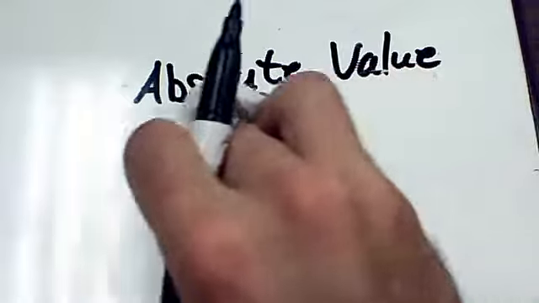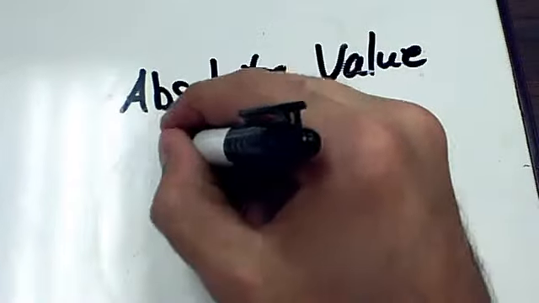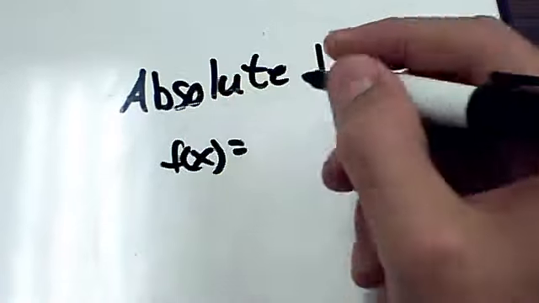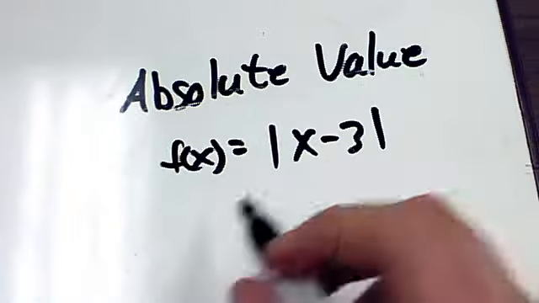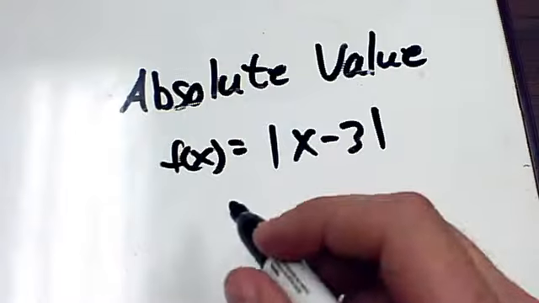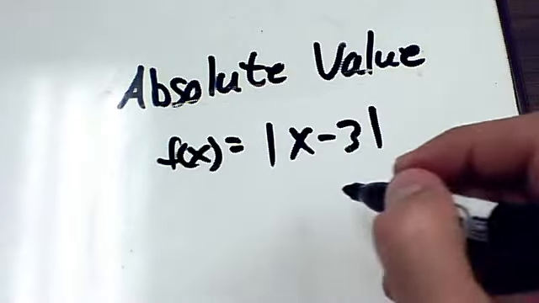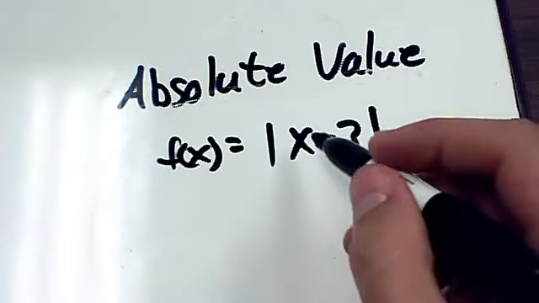Okay, let's do some more complicated calculations. So let's say we have f of x is equal to the absolute value of x minus 3. Okay? If we end up doing this, we're going to get, let's say we just make up some numbers for x.